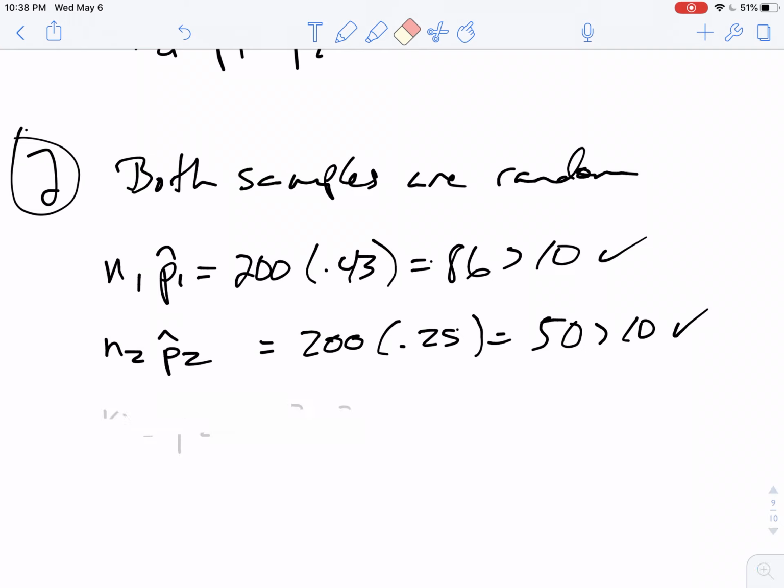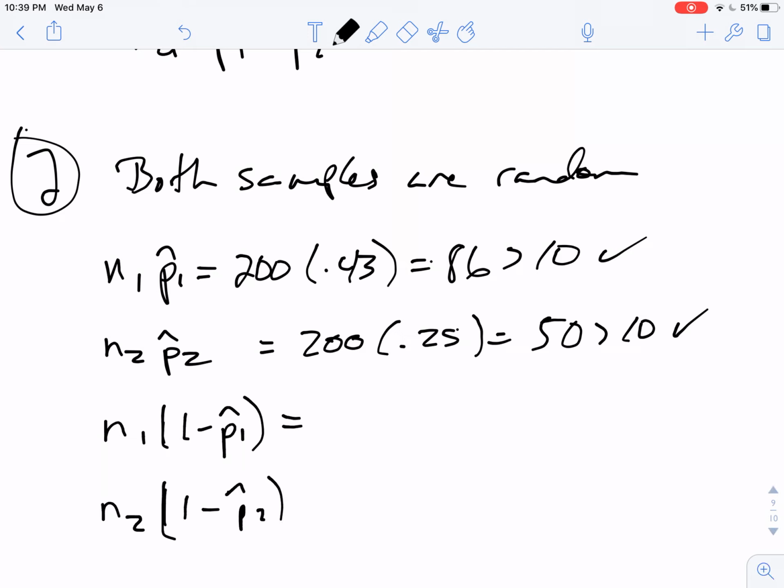All right, so now I want to do N1 times 1 minus P hat 1, and then I'm also going to do N2 times 1 minus P hat 2.